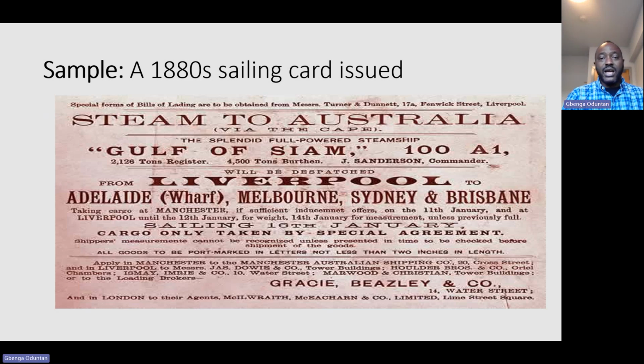The typical sailing card will address the name of the ship, will identify the ship, will identify the date it's going to arrive, will identify whether it is willing to start accepting goods, will identify what type of goods the ship is able to pick, and when it will close doors, when it will sail, where it is going to sail to, and so on and so forth.